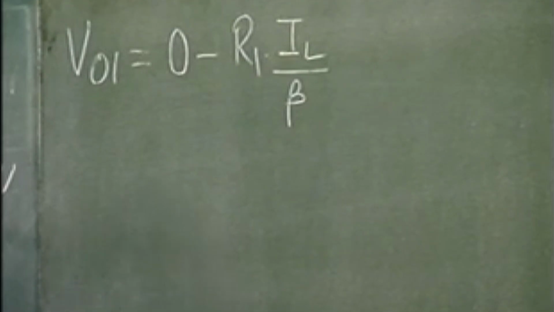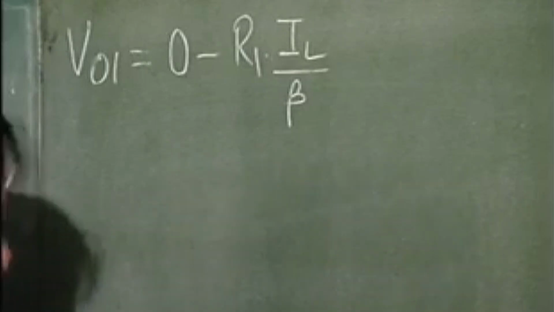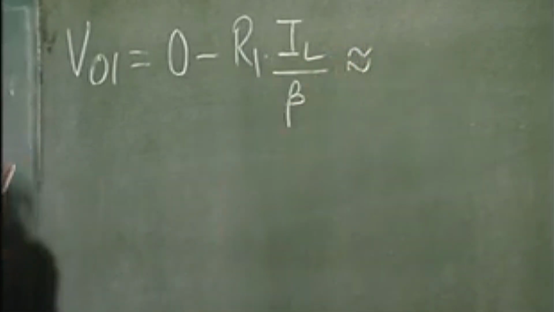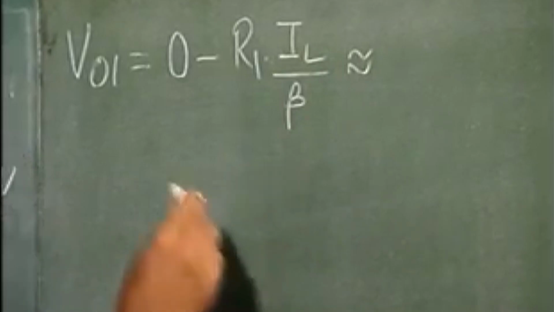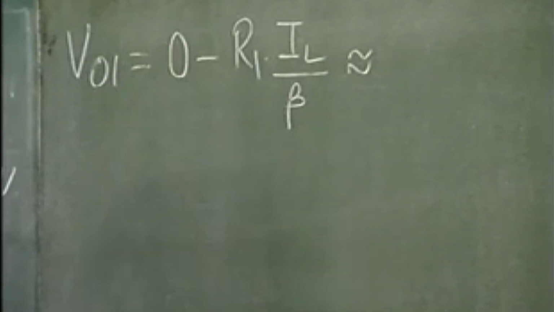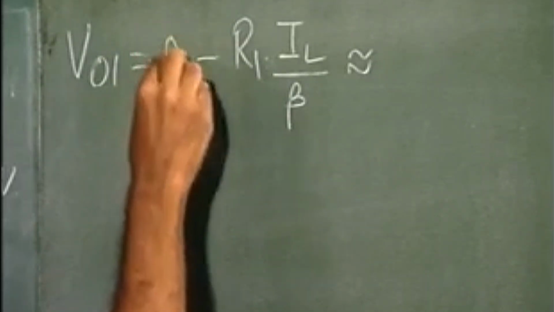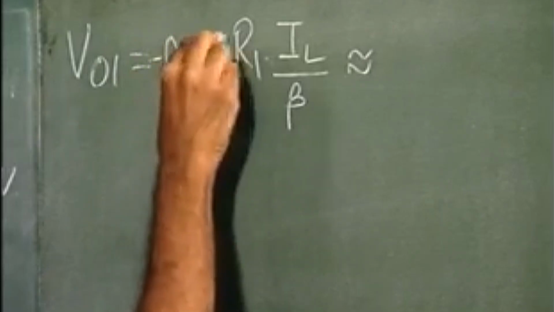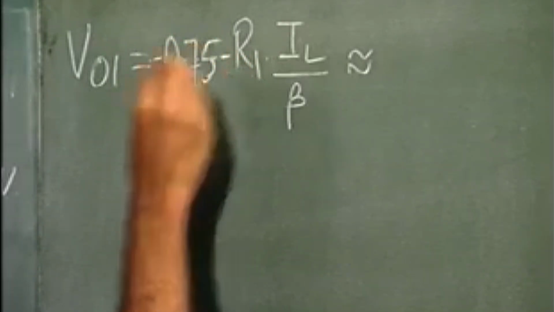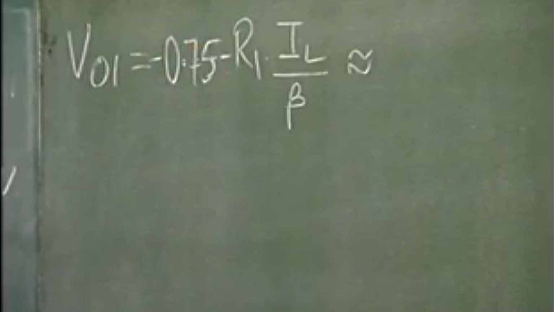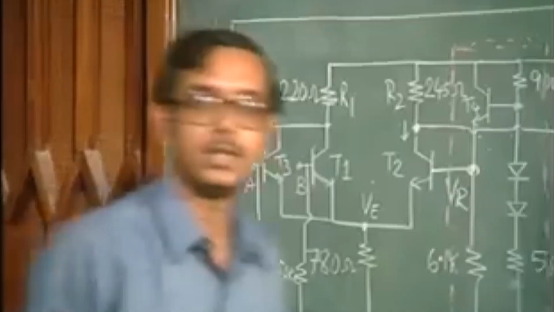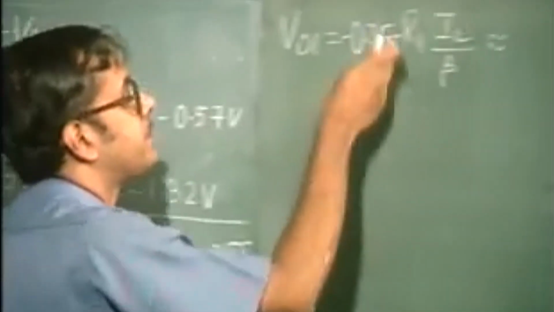Now, sorry, there is minus 0.75, which is the base emitter drop of this transistor T5.